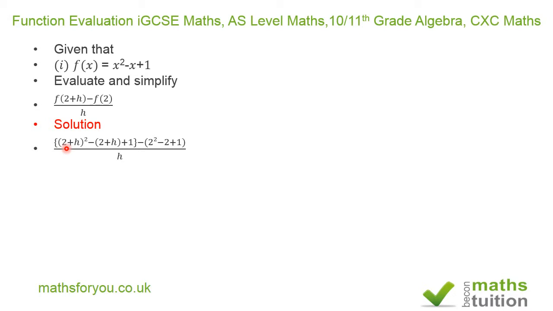So what you've then got is 2 plus h all squared minus x and then plus 1, and then minus 2 squared minus 2 plus 1, and then divide all of that by h.